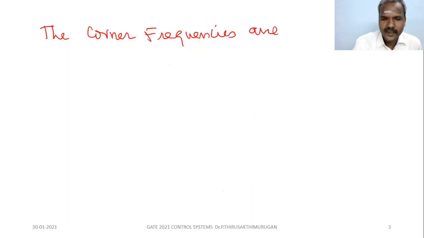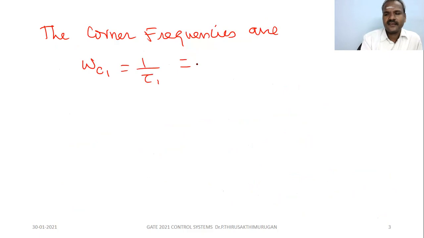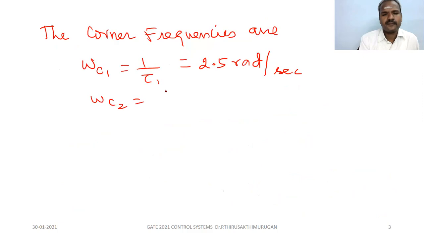So what is omega c1? Omega c1 is 1 by tau 1, which is equal to 1 by 0.4, that is 2.5 radian per second. Okay, radian per second. Then omega c2 equal to 1 by tau 2. This is 1 by 0.1, that is 10 radian per second.